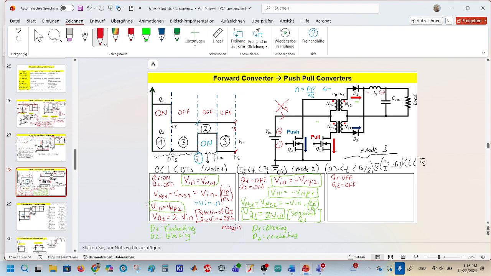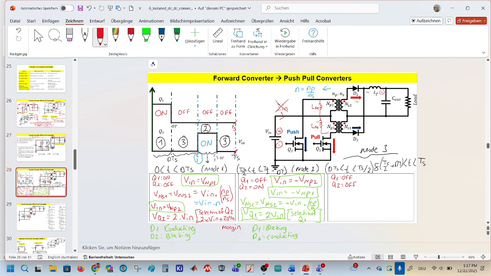But we had magnetizing flux on the primary side, and as we know, the transformers always have magnetizing inductance.